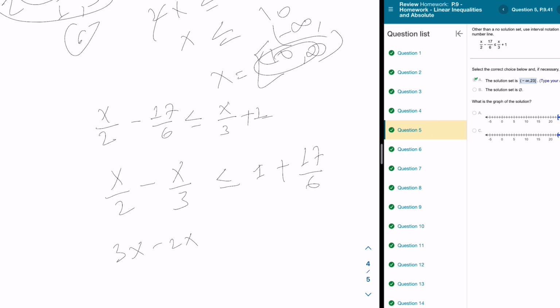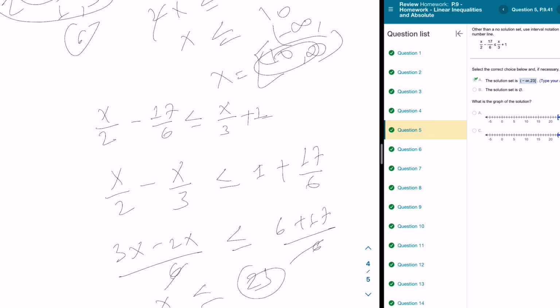3x minus 2x by 6, 6 plus 17 by 6, the 6 goes, x is less than 23.